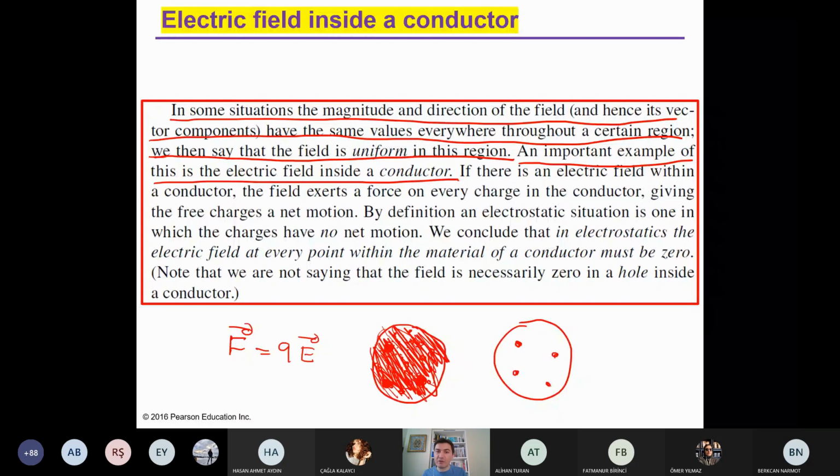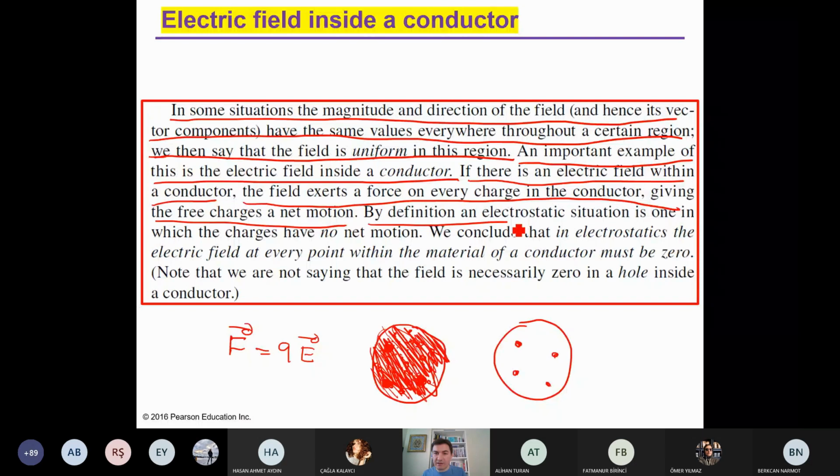Let me also continue with this sentence. If there is an electric field within a conductor, the field exerts a force on every charge in the conductor, giving the free charges a net motion. By definition, an electrostatic situation is one in which the charges have no net motion.